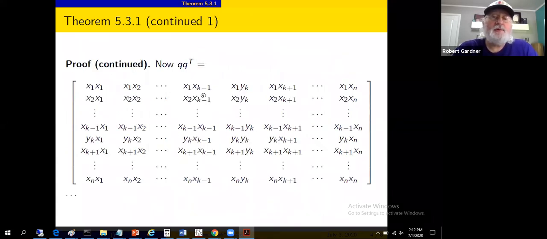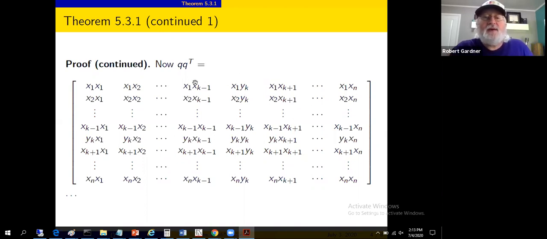All right, so Q Q transpose is a matrix, an n by n matrix, and it looks like this. We've just got corresponding parts of the x's multiplied together as we would in an outer product: x1 times x1, x1 times x2, x1 times x sub k minus 1, x1 times x sub n. It's the kth column and the kth row that's going to be weird, and we've got a formula for these from the previous slide.